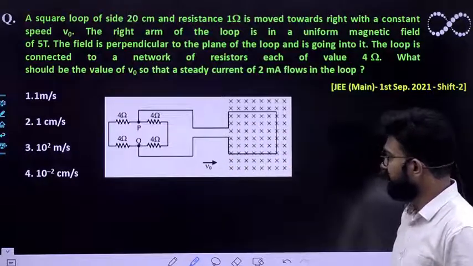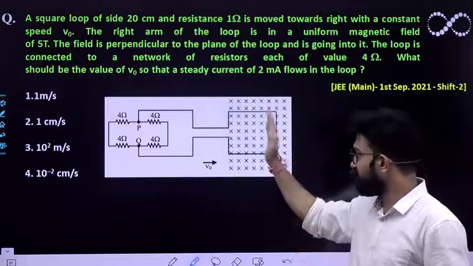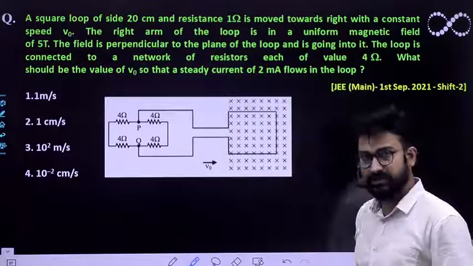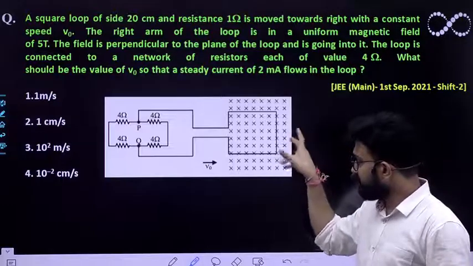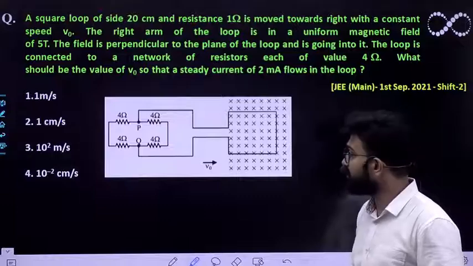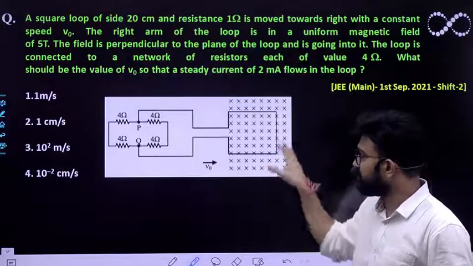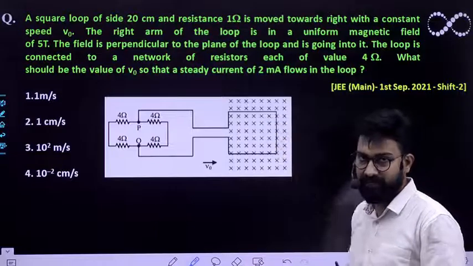So that means we already know that this is a case of motional EMF. Whenever this loop moves within this external magnetic field, a motional EMF will be produced because the magnetic flux linked through this area changes. So you'll get an induced EMF over here.